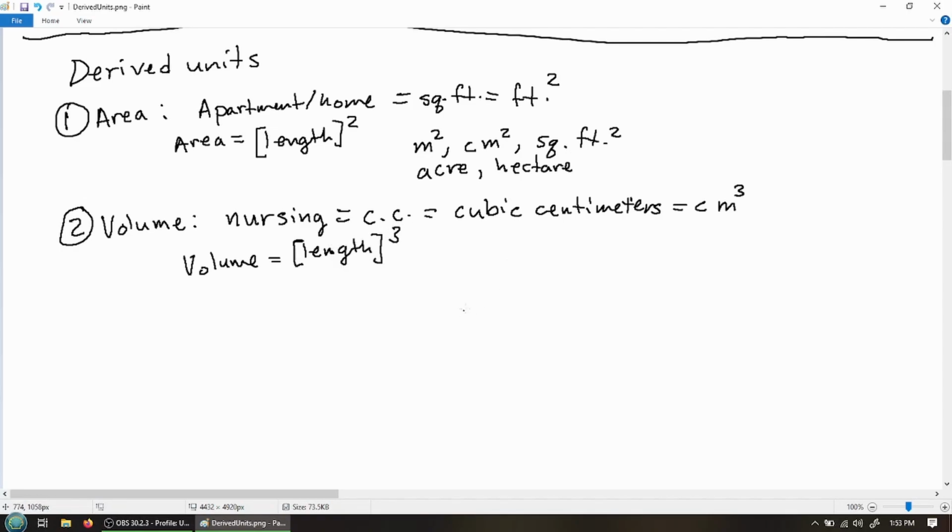Okay, so just as we talked about here, you might see things like cubic centimeters, you might see things like cubic feet, meters cubed, etc. We do have other things, right? We've got gallons, we've also got liters. And although these are also valid volume measurements, they're not going to be considered base units, right?